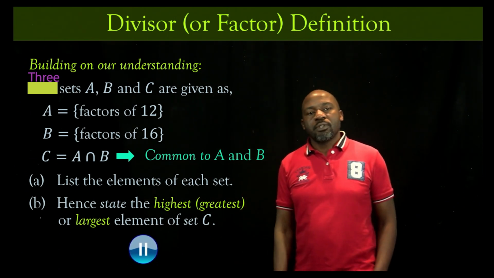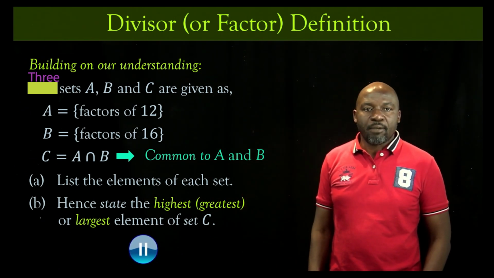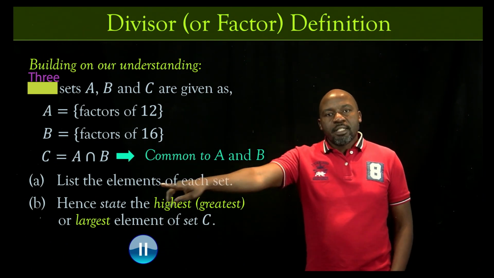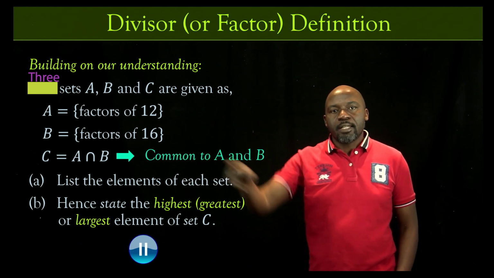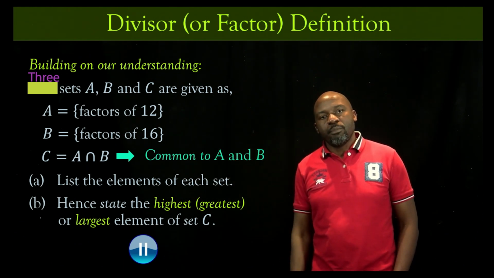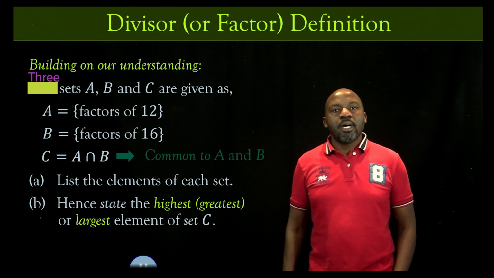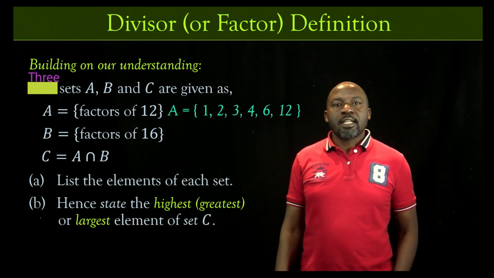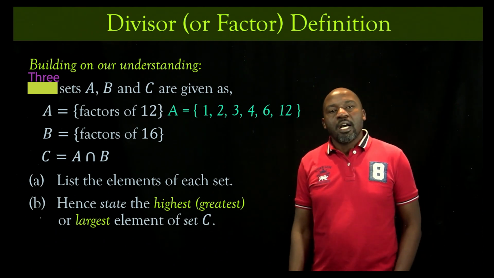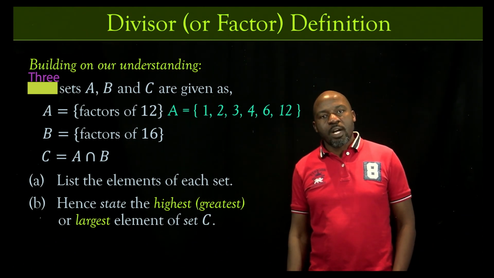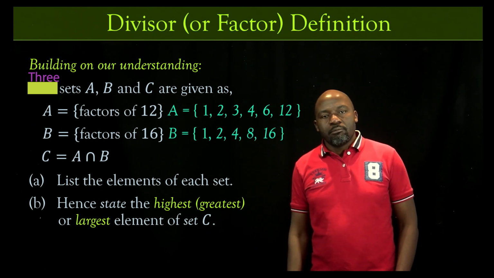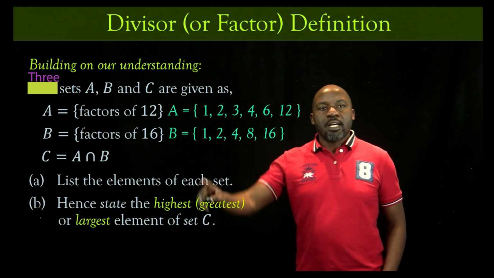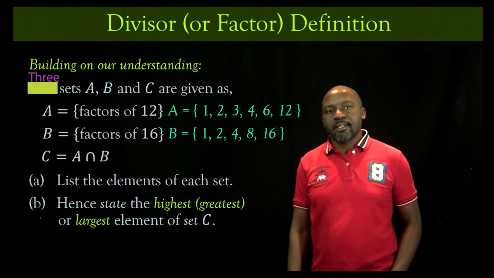Let's do that. Pause the video and try it out, and then let's see if we get the same results. The first part is asking us to list the elements of each set. The elements of set A, the factors of 12, must be 1, 2, 3, 4, 6, and 12. I think we did this earlier. And the factors of 16 would be 1, 2, 3 is not a factor of 16, so the next one is 4, and there is no other until we get to 8 and 16 itself.